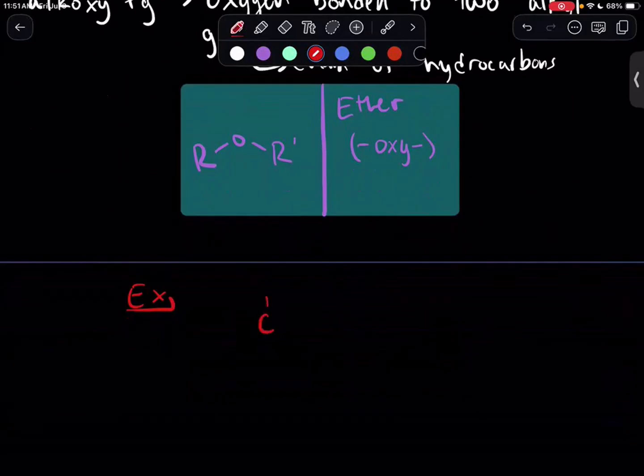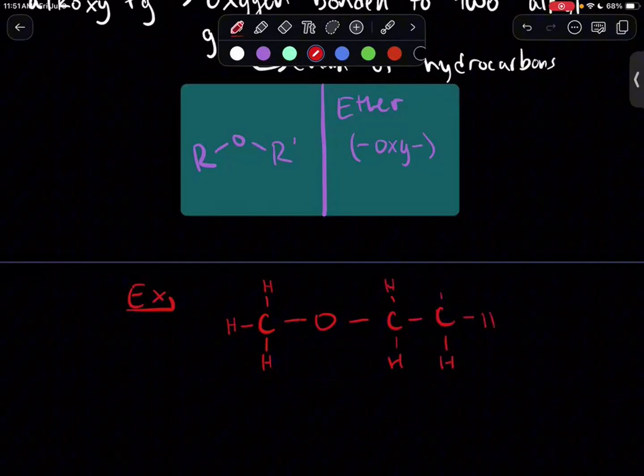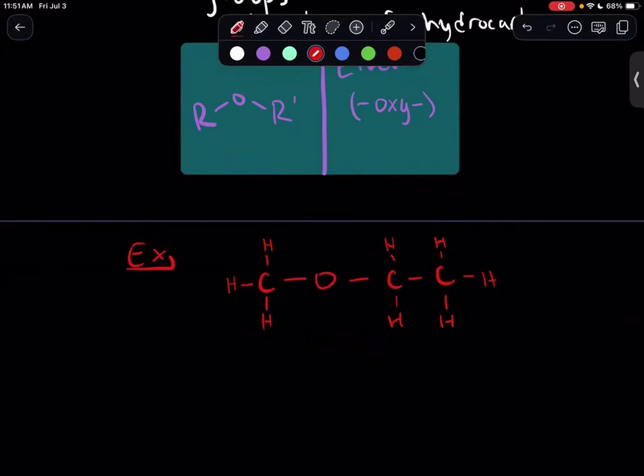And so I'm going to go ahead and this time draw the full structural formula. I like to do all the formulas often just to ensure that we are understanding where parts are coming from.